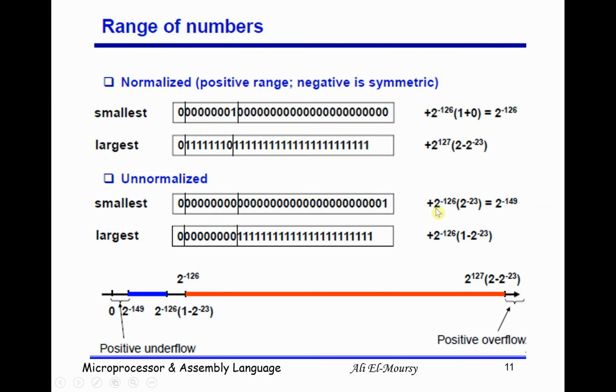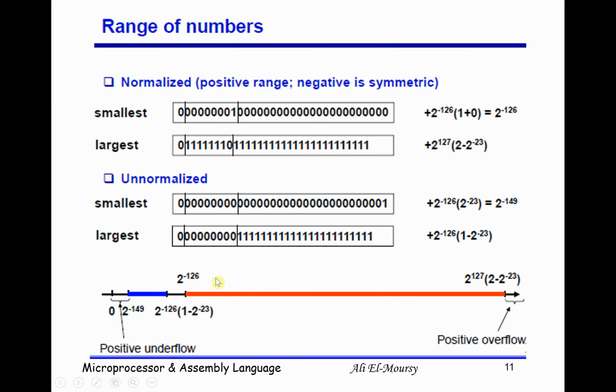Starting from 2 to the power minus 126, as we agreed, multiplied by 2 to the power minus 23, that is 2 to the power minus 149, which is the smallest fraction that can be represented. Using different values of the fractional mantissa, I can go up to all ones, which gives a number very close to the start of the normalized range.